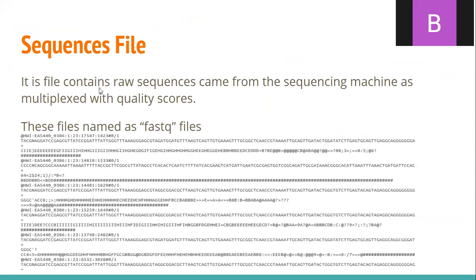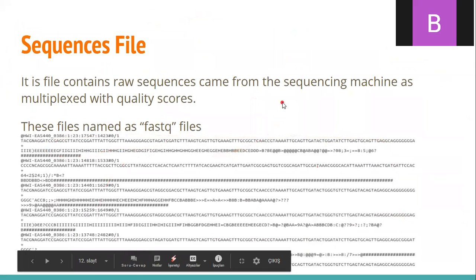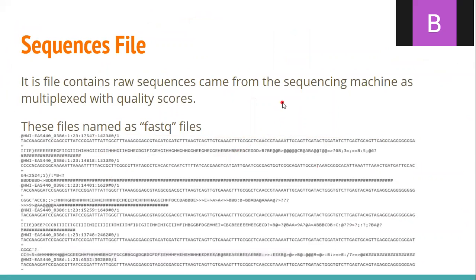But first, I want to mention the sequences file. This file basically contains the raw sequences that came from the Illumina machine. They come in a multiplexed form, as you see here. Multiplexed means that they are jumbled together. They are actually sequenced as mixed, which is why its name is multiplex.